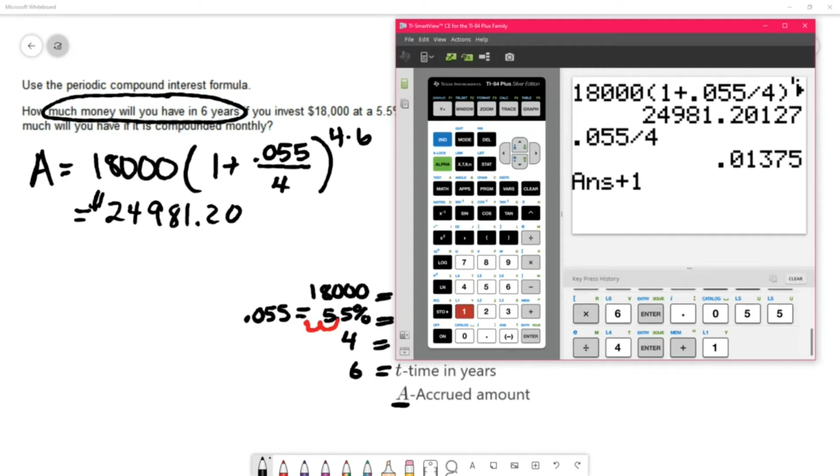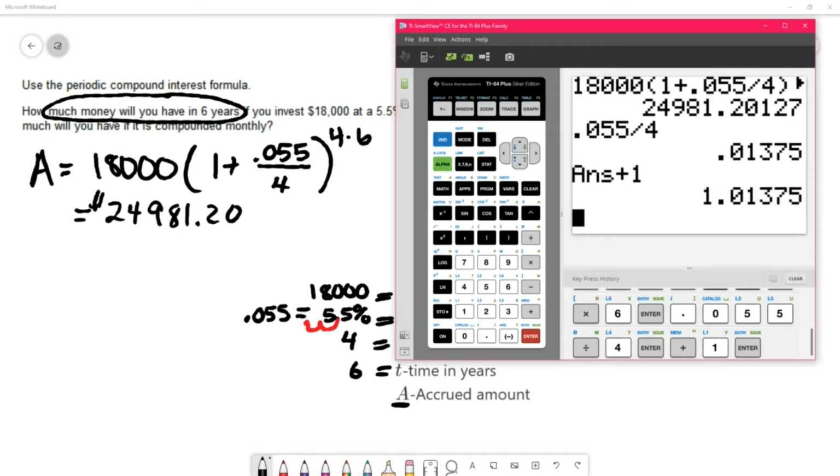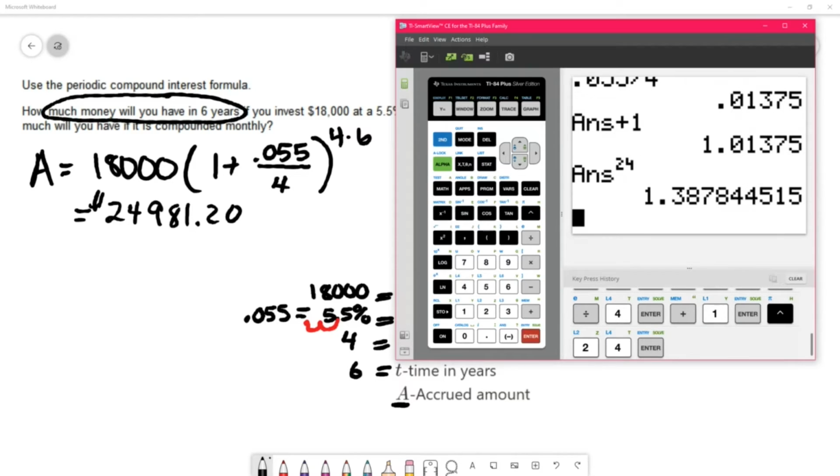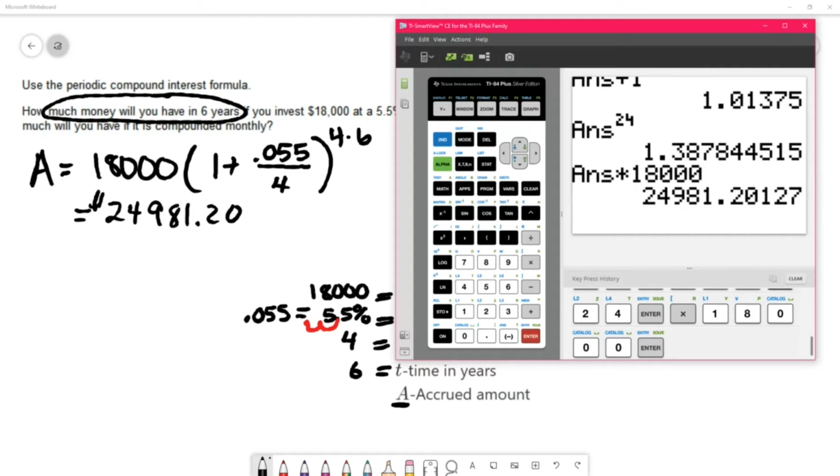We're adding 1. And exponents come before multiplication, so I'm going to do the exponent of 24 and then multiply by the principal of 18,000. And you can see we have the same value, $24,981.20.